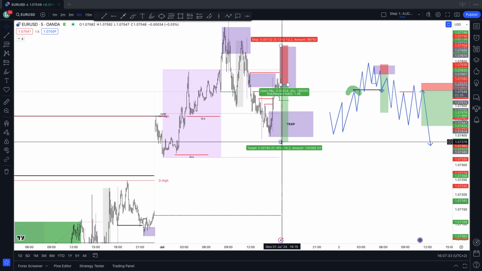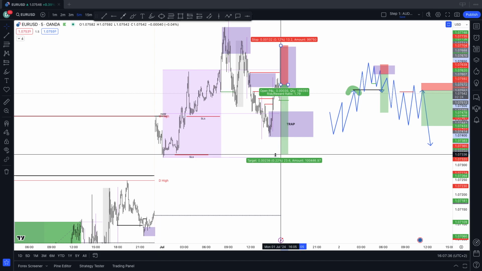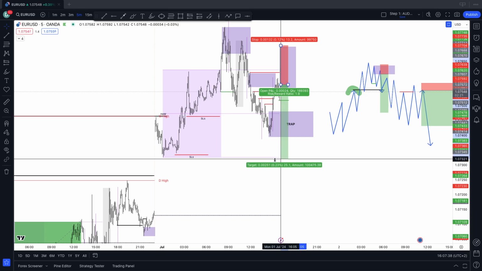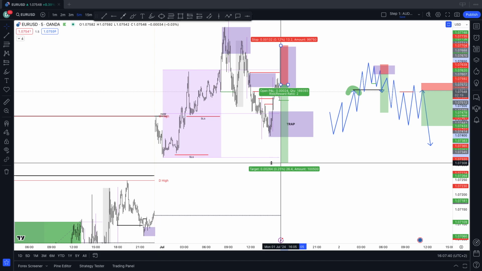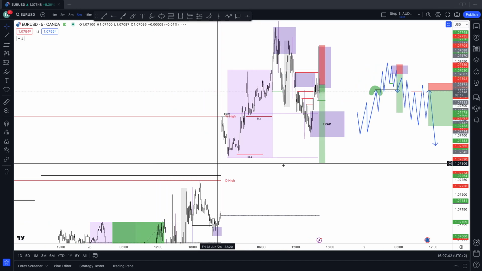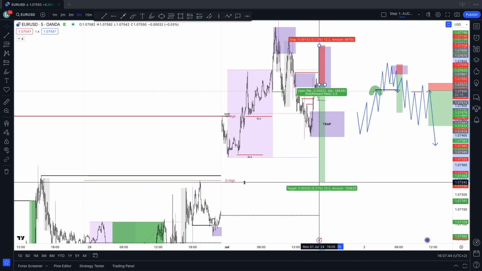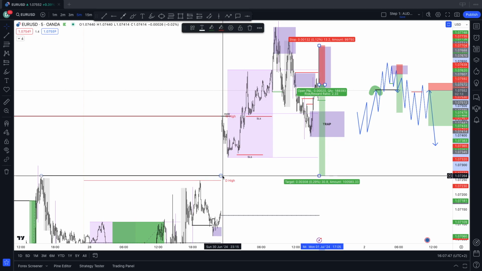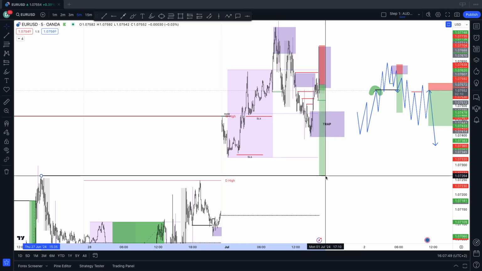So just for target purposes, we want to at least be a 1 to 2, right? So it's somewhere into this gap, or quite honestly, right up here is a beautiful target for first partials, right?